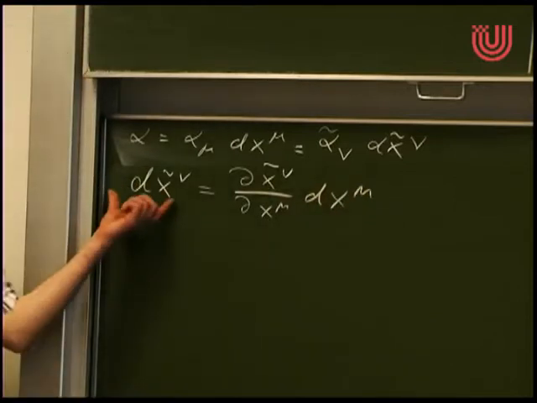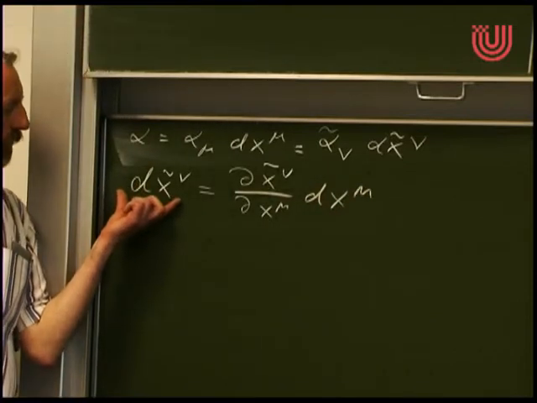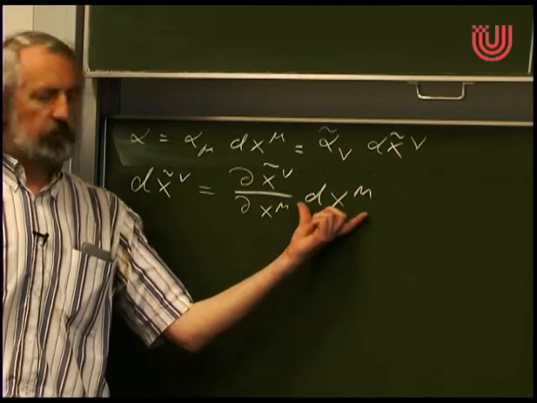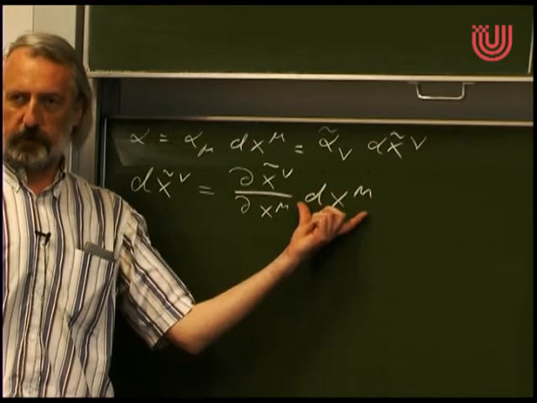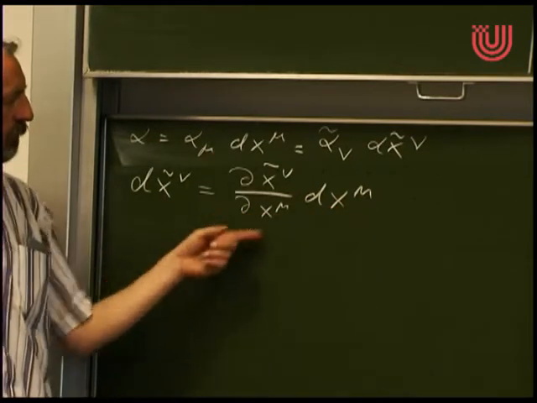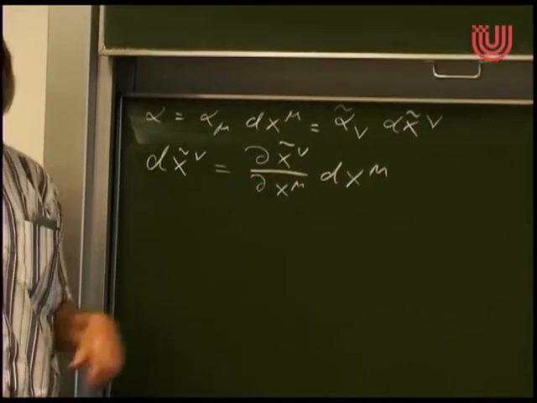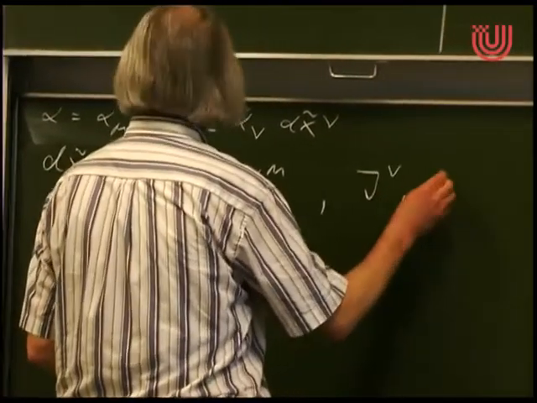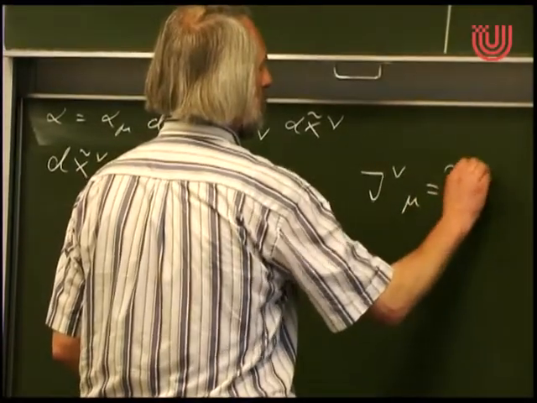This represents the new basis covector in the twiddled coordinates as a linear combination of the basis covectors in the untwiddled coordinates. The coefficients which appear are just the elements of the Jacobi matrix, which is exactly what we abbreviated in this way.